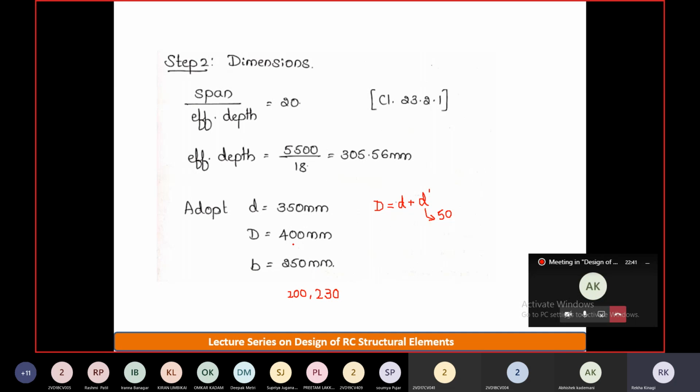Here, you may consider 230 mm or 300 mm according to your convenience. But in this design we are going to consider it as 250 mm.